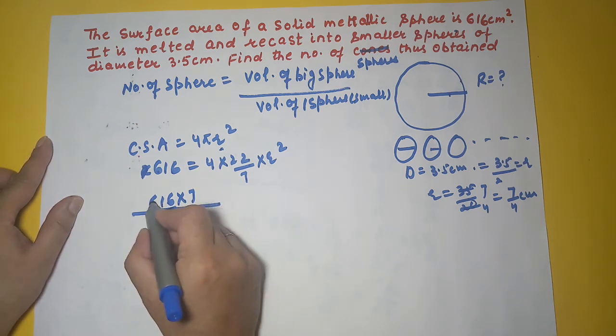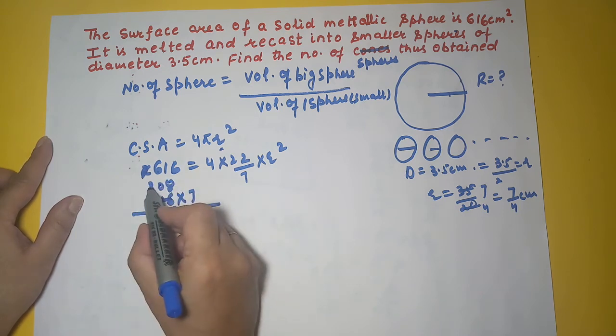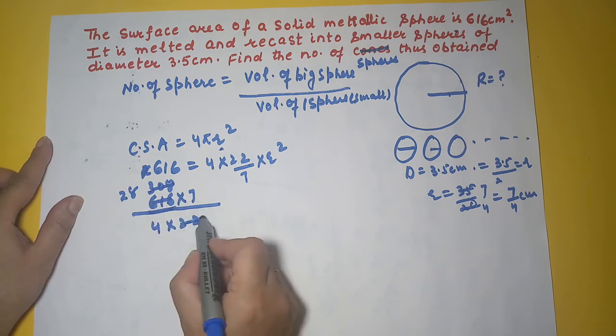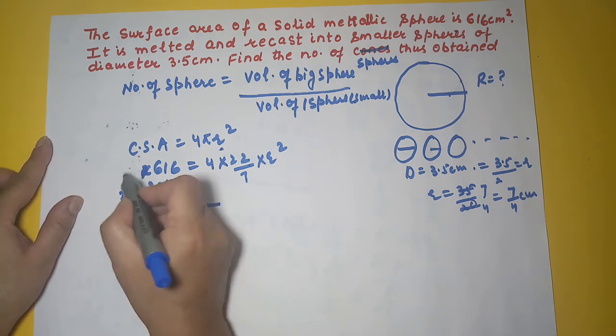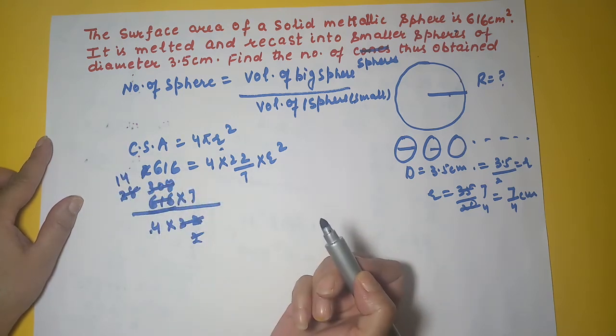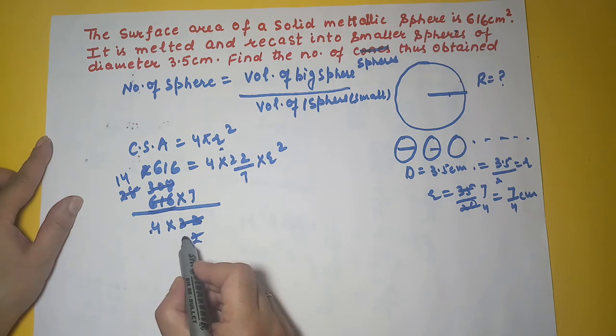So 2 3s are 6, 2 zeros are 0, 2 8s are 16.